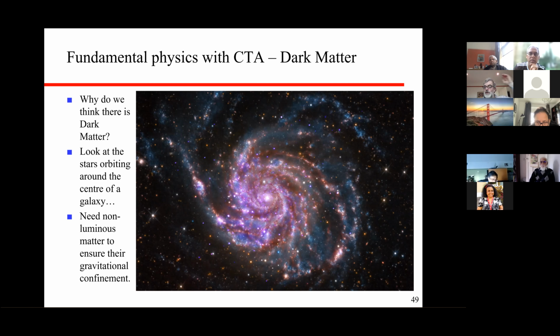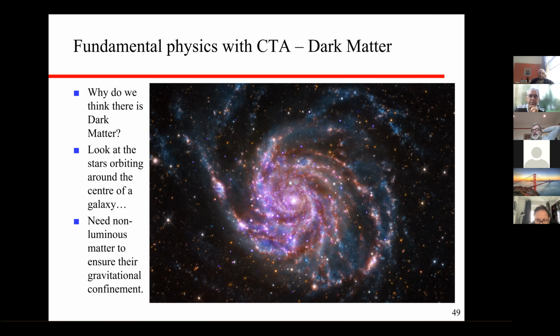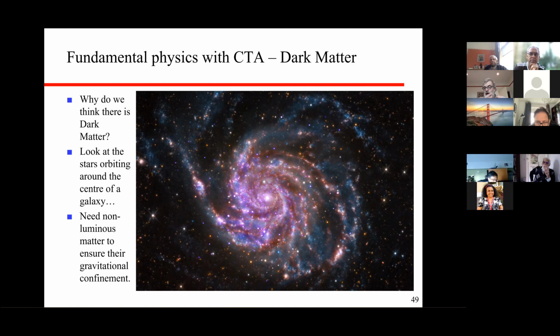What we now see is that its expansion is not slowing, but accelerating. So it looks almost certain that the universe will not collapse again or end up stopping. It's going to continue to expand indefinitely.